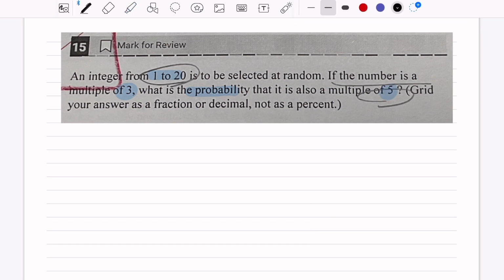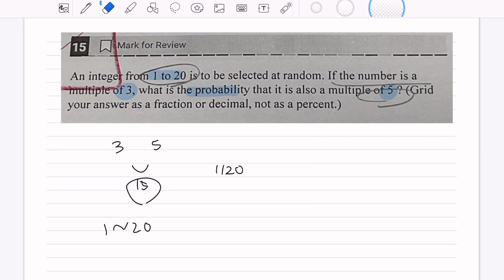You might just say it's a multiple of 3 and a multiple of 5, so 15 is the only answer. So it would be 1/20, because 15 is just one number from 1 to 20, right? But this is not the answer.